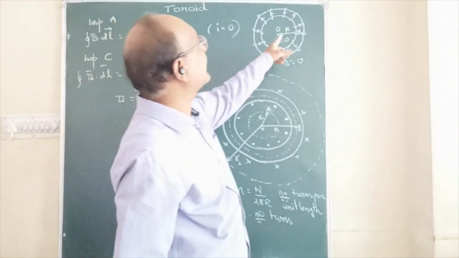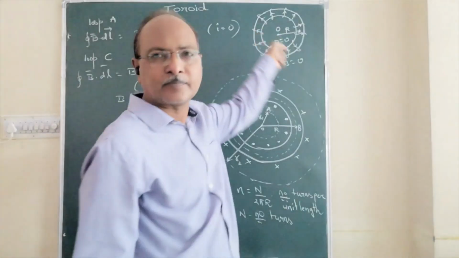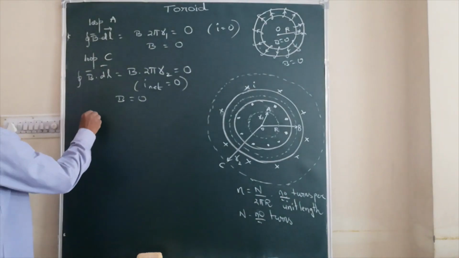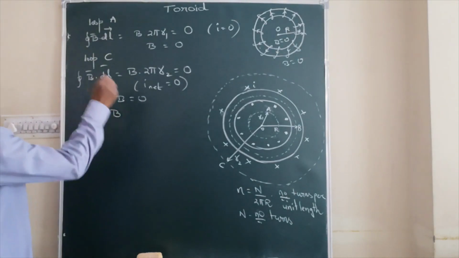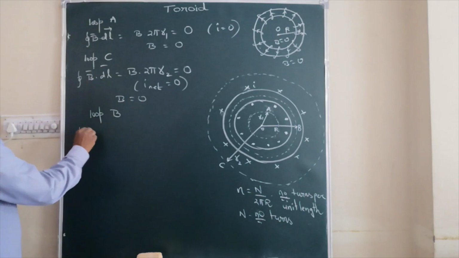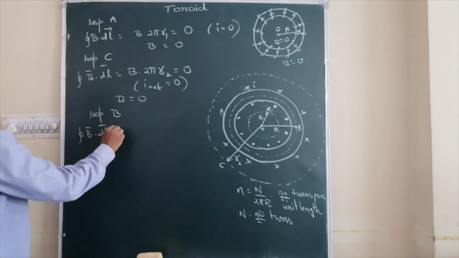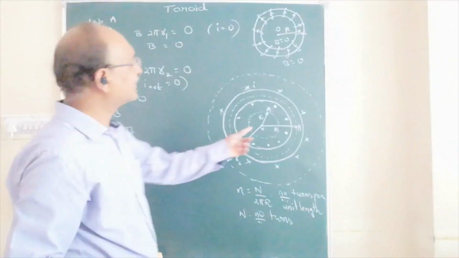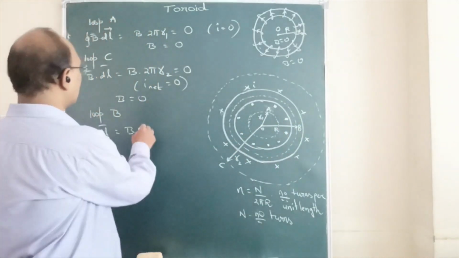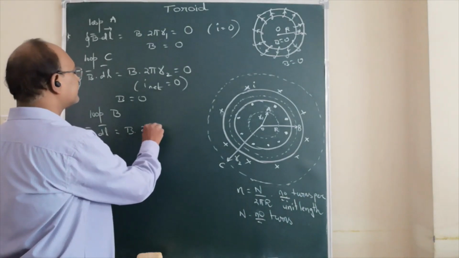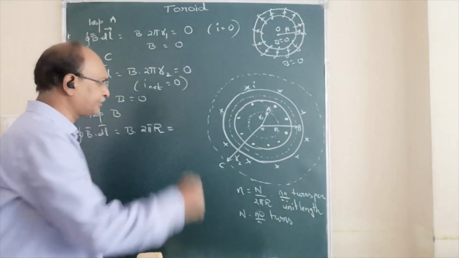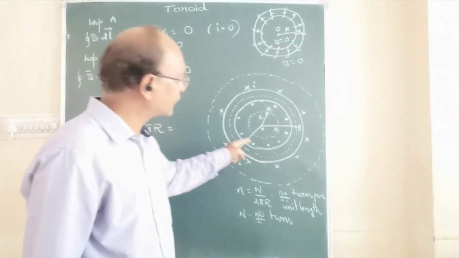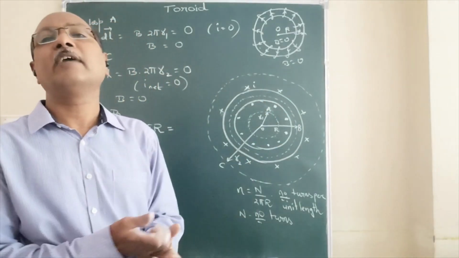Now we find the magnetic field inside the material. So that is the loop B. The integration of B dot dl is equal to B into 2 pi R, as the radius here is capital R. So that's equal to, now this loop is enclosing only these currents. Therefore we have to add them.